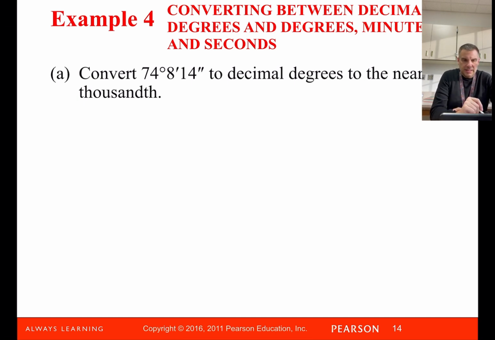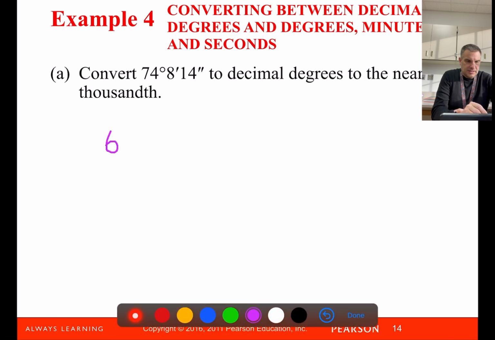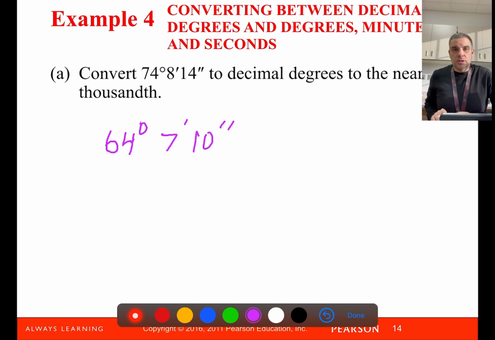So let's go ahead and take 64 degrees, 7 minutes, and 10 seconds. We're going to convert that from minutes and seconds to degrees, to the nearest thousandth.